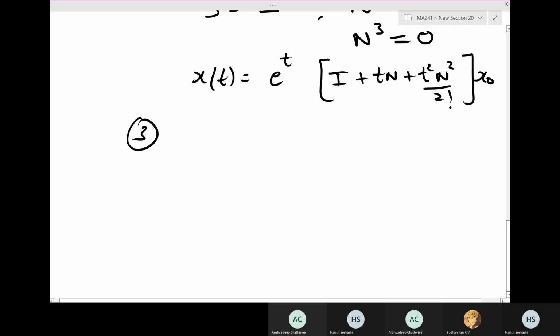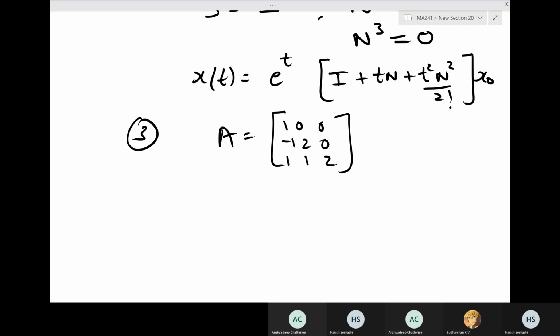So this is a 3 by 3 matrix. Note that this is actually a lower triangular matrix. So the eigenvalue part is easy.